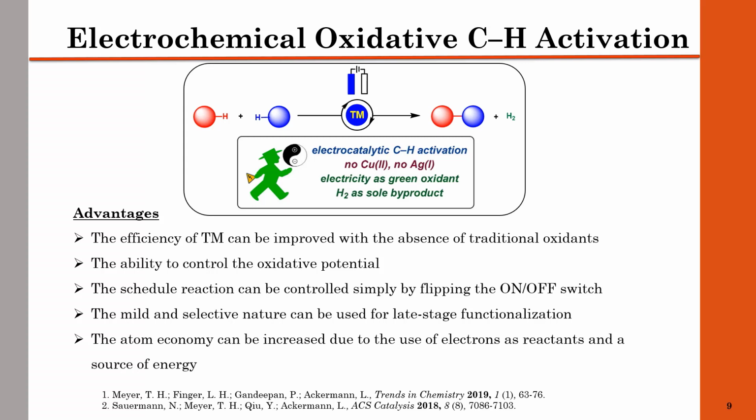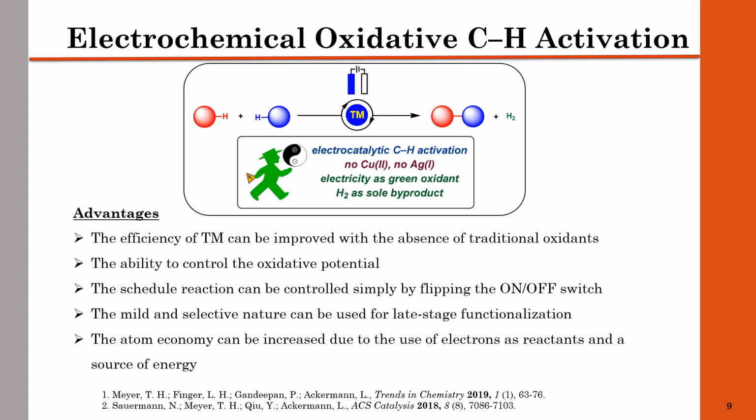Another thing is that with this kind of strategy we have mild and selective reaction conditions. We can use these mild conditions for late stage functionalization. As you know, late stage functionalization involves many functional groups.